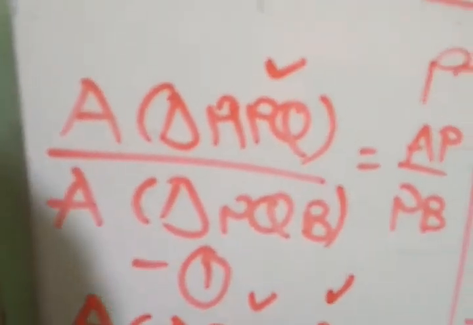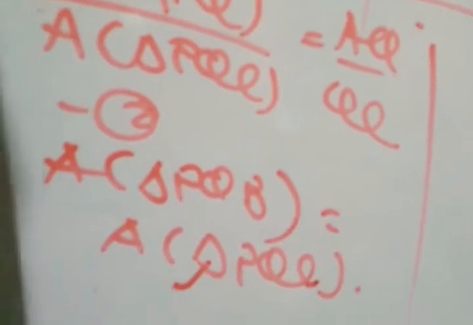In this theorem, we show the proof of area of triangle APQ by area of triangle PQB by height and bases, and area of triangle APQ and area of triangle PQC by the height and the bases. And from the third, area of triangle PQB and PQC, the heights and the bases are equal, so these areas are also equal.